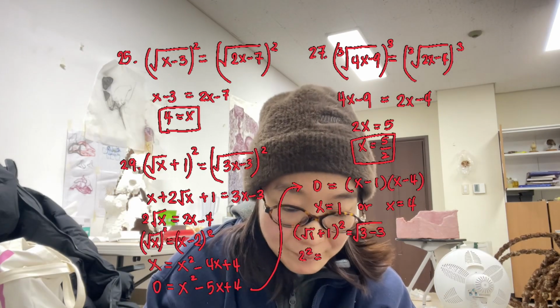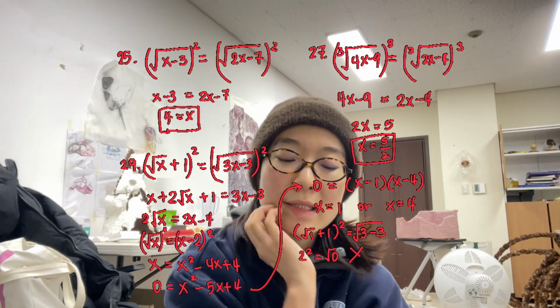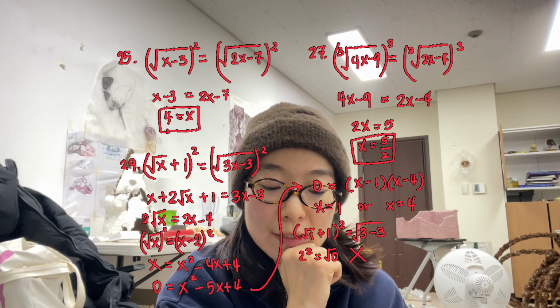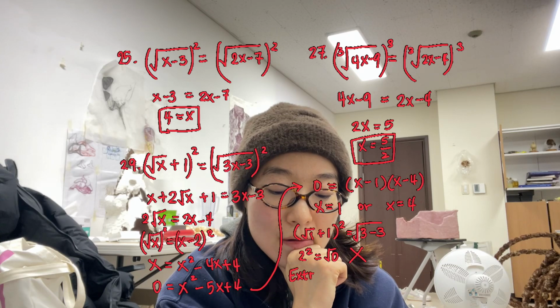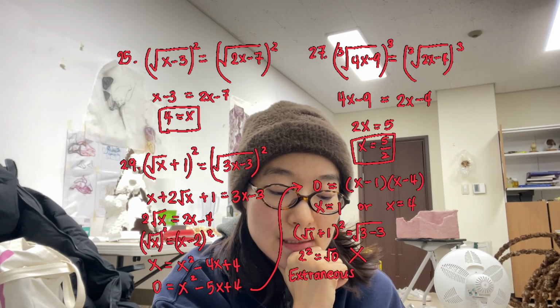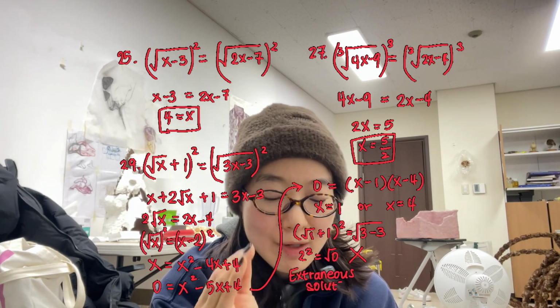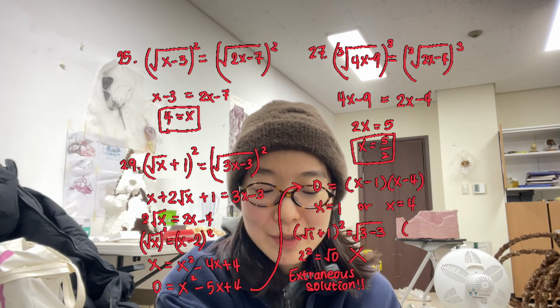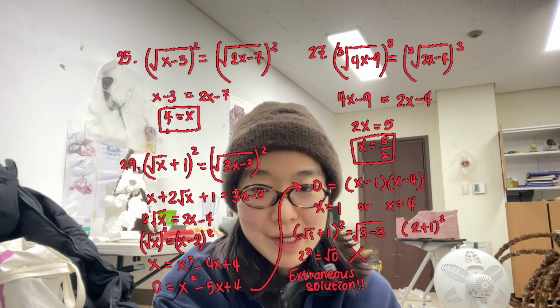So let's go ahead. When I substitute x equals 1, what I end up getting is square root of 1 plus 1. Oh no, I realized I shouldn't have squared it. Square root of 1 plus 1 gives us 2, and 2 equals 3 minus 3, which is not true.